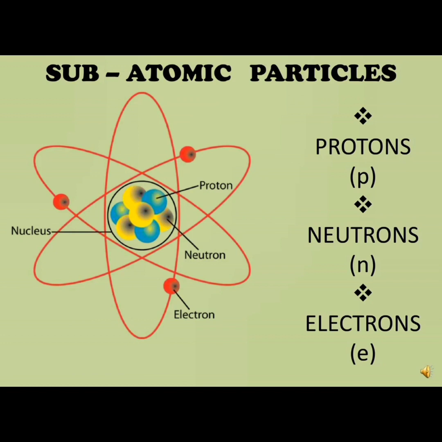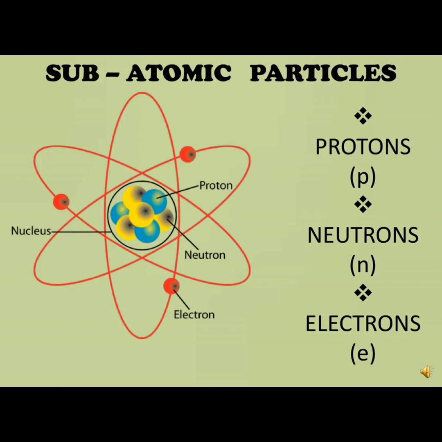Next, we look at what is the meaning of subatomic particles. Subatomic particles are the same thing, the constituents of the atom. What are the different constituents of an atom? So your atom is made up of three important particles, that is protons, neutrons and electrons. Now out of these three, the protons are positively charged and are shown with the symbol small p.